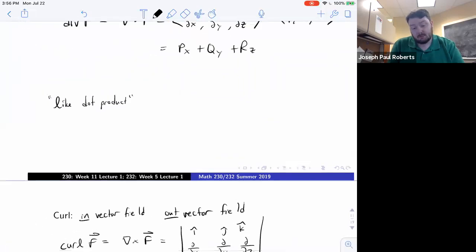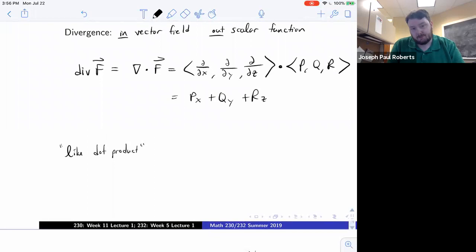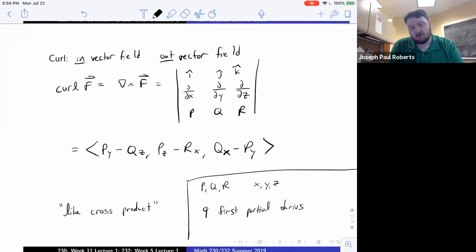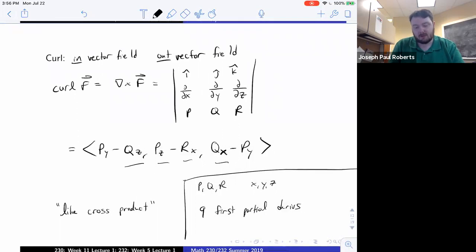Notice, divergence involves 3 of them: P with x, Q with y, R with z. Curl involves the other 6. So you have P_y and P_z, but no P_x. You have Q_x and Q_z, but no Q_y. You have R_x and R_y.